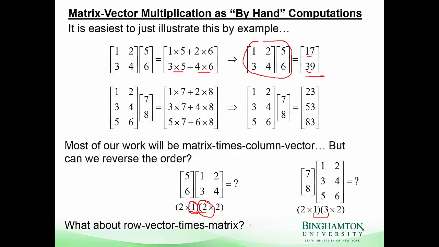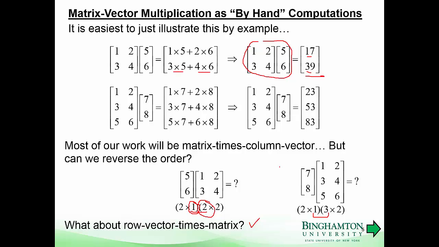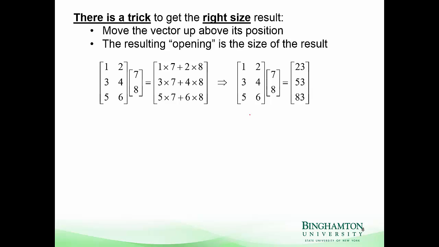But you should be able to convince yourself that at least sometimes, with the right choice of row vector and matrix, you can sometimes do this. So if we go back up, on the next page, I'm going to show you how we get these mysterious combinations. Maybe you can puzzle it out, but here's a simple way to do it.